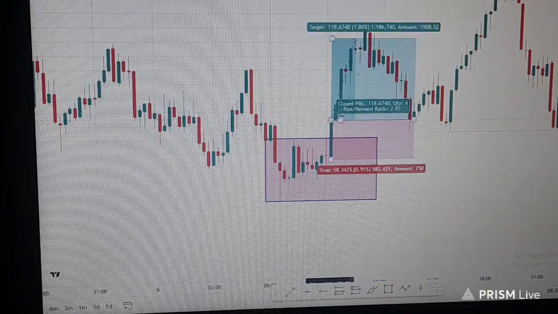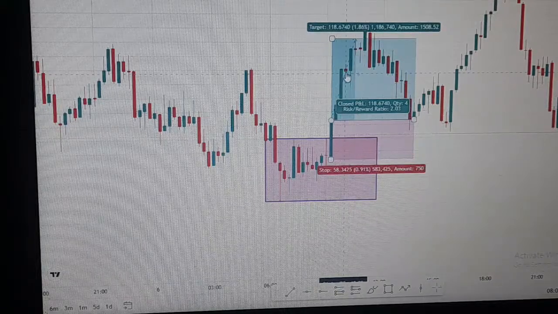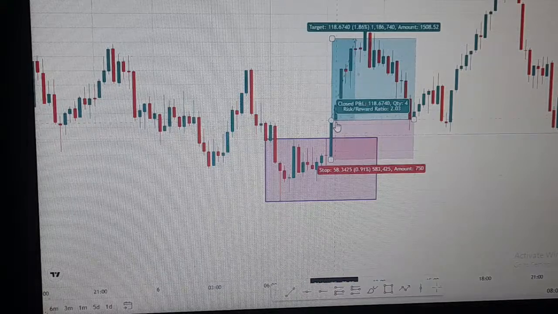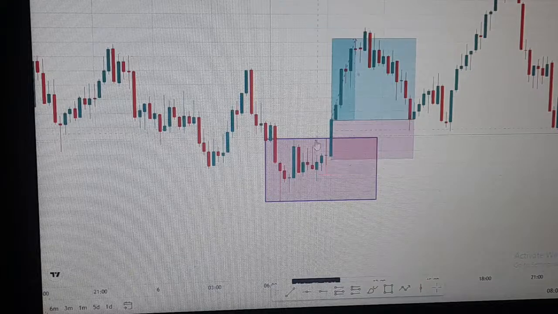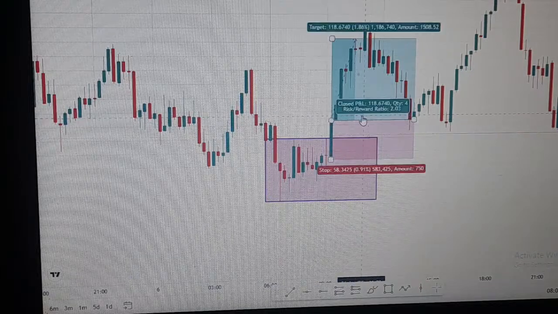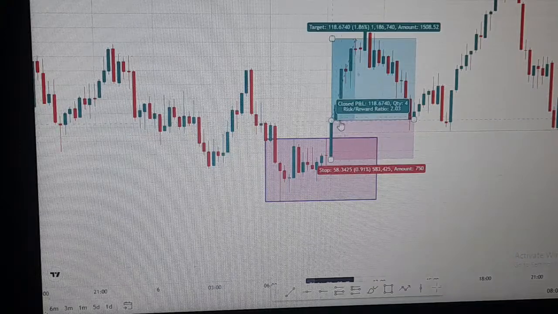Which means we will be in a trade for 5 minutes, 10, 15, 20, 25, and the TP is hit, or in just 15 minutes the SL will be hit. Which means you have to risk all $5 the moment you execute here. You risk all $5 with 2 entries, 0.001, 2 entries.